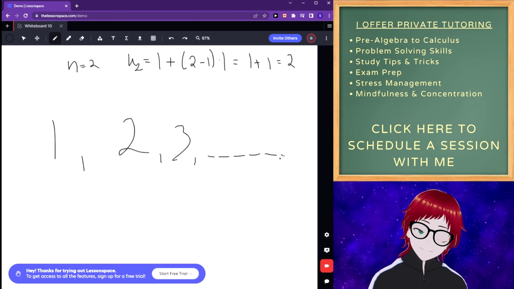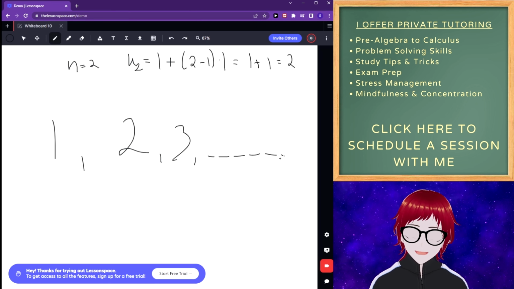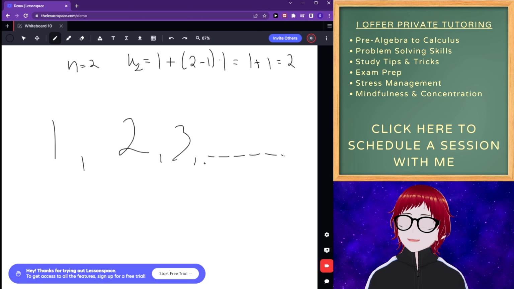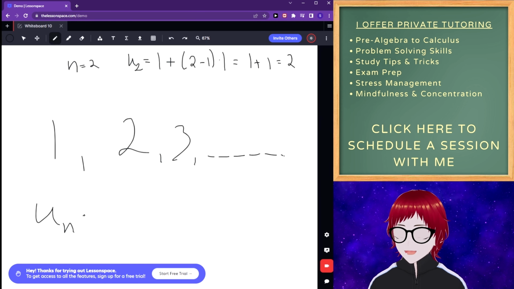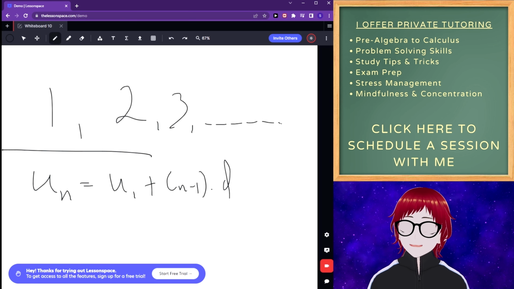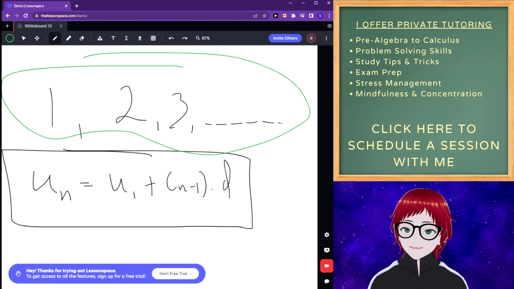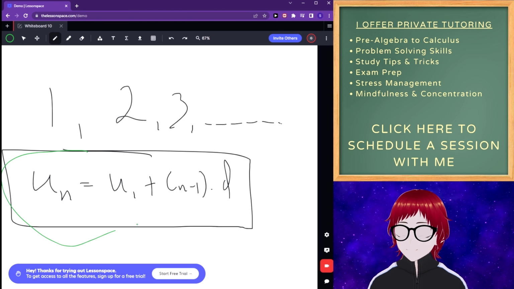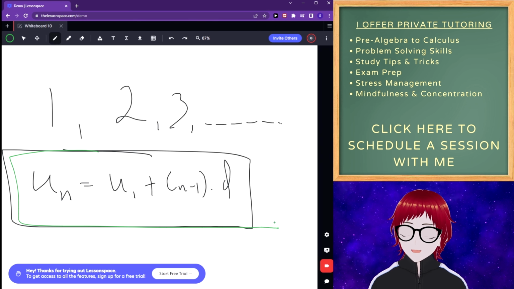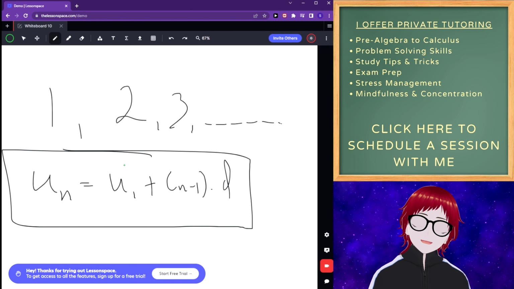But because it's too cumbersome to write out every single term in that sequence, what we do instead is we find the general term given by un, which for the case of arithmetic sequences is that whole u1 plus n minus 1 times d business, and then we start working with this instead. So we don't have to write 1,000 different terms in our sequence. We can just write a few terms, then write what the corresponding equation for that sequence is, and then from here we can solve our problems.